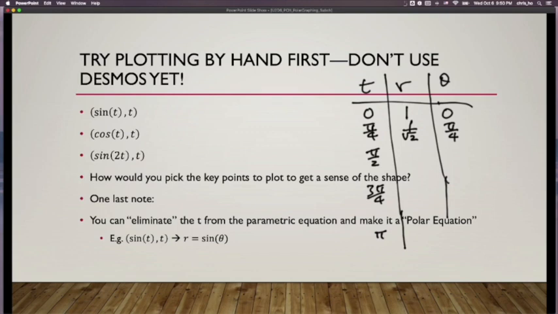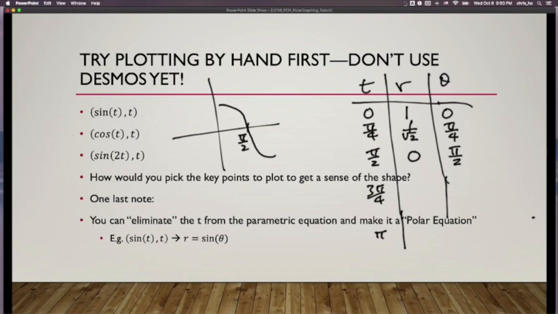Cosine at pi over 2 turns to 0. And theta is just equal to t, which is pi over 2. Now, remember the cosine function is shaped like this. Once it passes pi over 2, cosine turns negative.